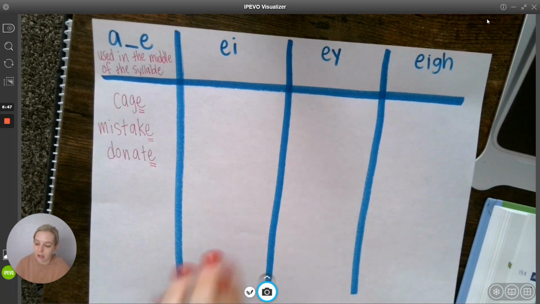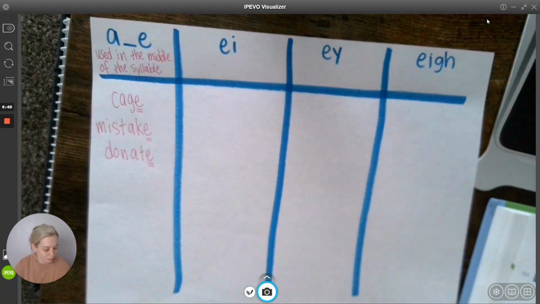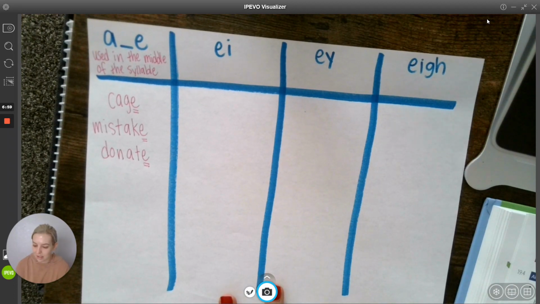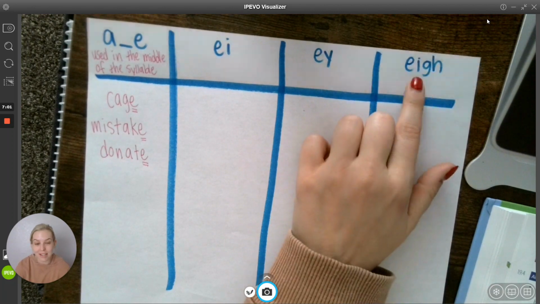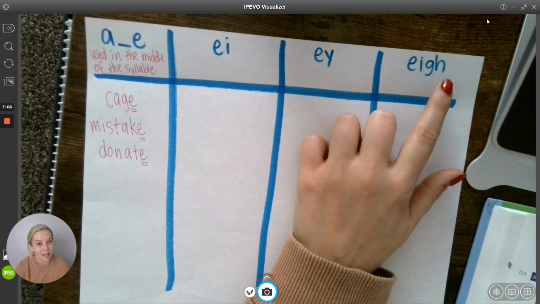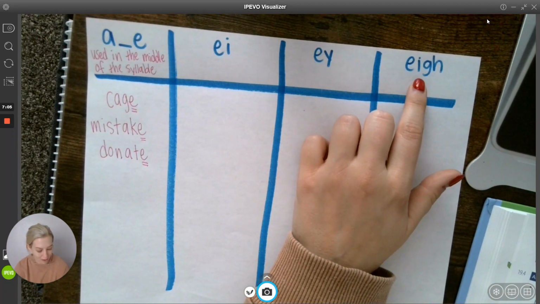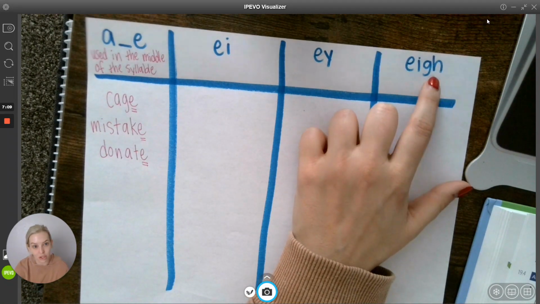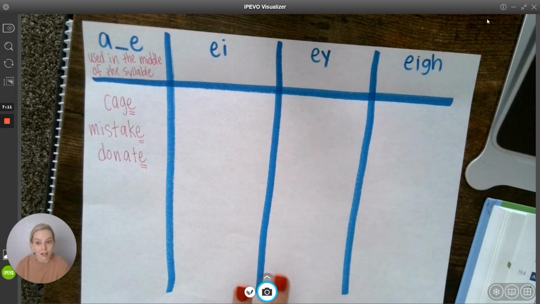All right, of these three, which is the least common spelling of the sound A? What one's the least common, do you think? If you guess this one, you're right. And you should know that because remember, all the spellings with a GH are uncommon.